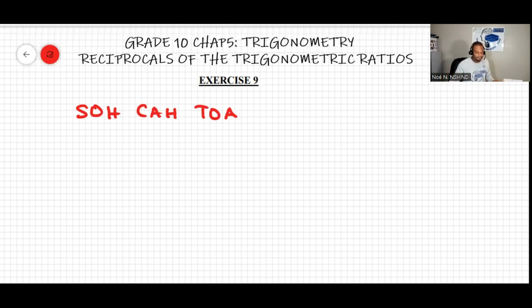The meaning is what? SOH means sine of the angle theta, that's S for sine, is equal to opposite side over hypotenuse.